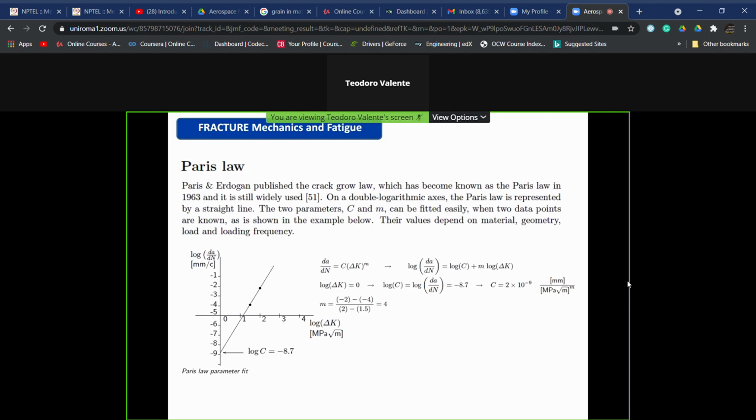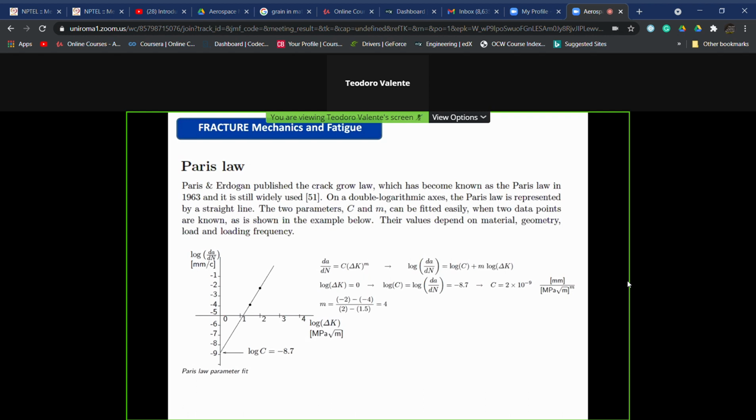The Paris law was essentially published in the 60s, and it is still widely used. The parameters can be estimated by fitting the experimental data, and the procedure is quite simple, because if we use a double logarithmic axis, with the logarithm of the crack growth rate on the y-axis and the logarithm of delta K on the x-axis, this simple law becomes a straight line.